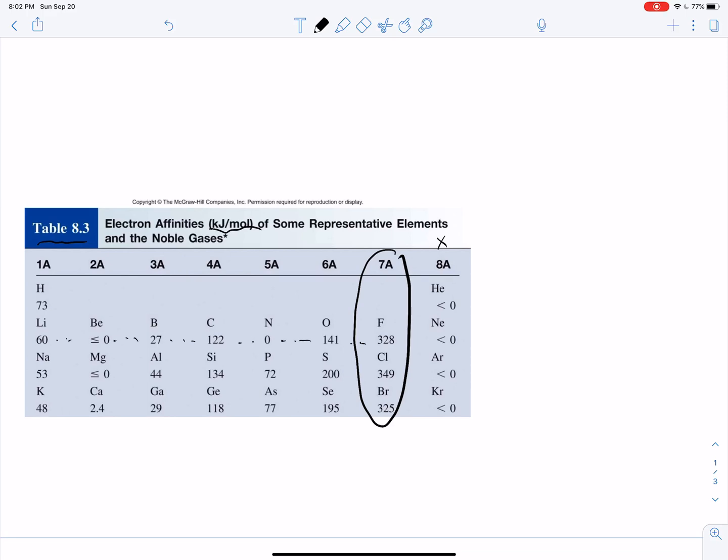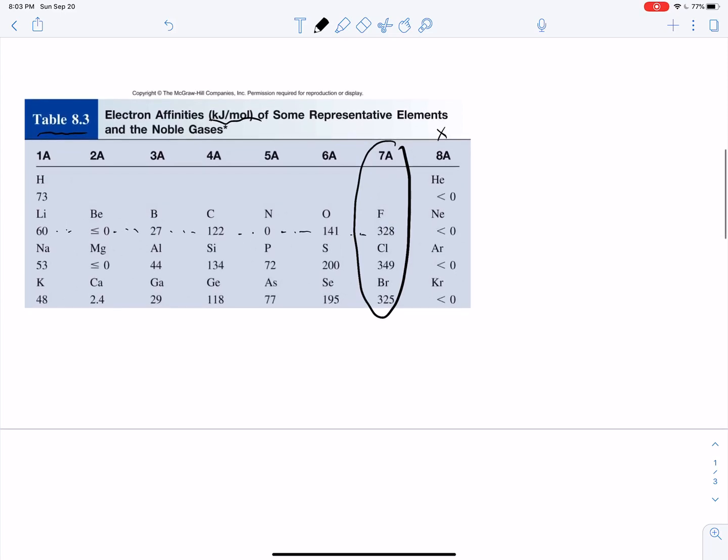As I already alluded to, this trend is not super strong. If you were to plot these numbers, you do not get a line with a really good R-squared correlation, and so there are quite a few exceptions.